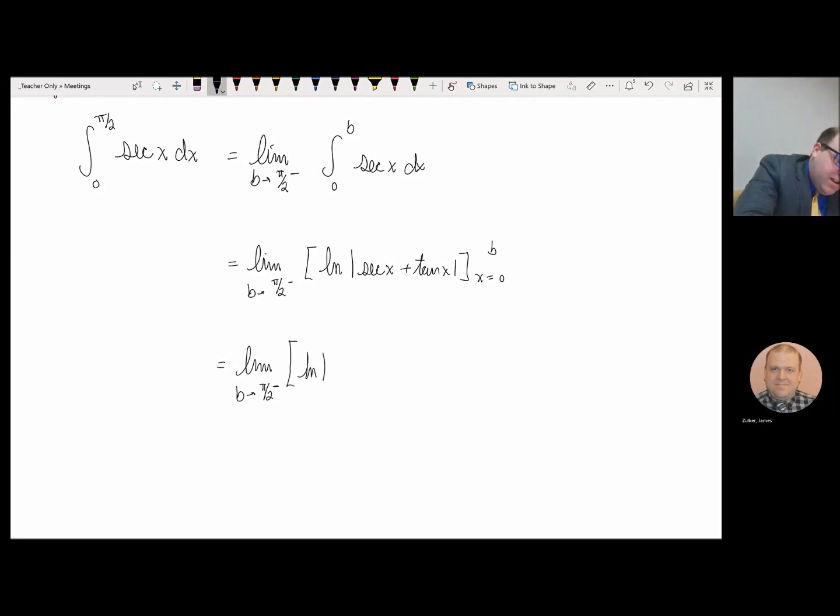We get natural log of secant b plus tangent b, absolute value. We can technically get rid of the absolute values because both secant and tangent are going to be positive. It's natural log secant 0 plus tangent 0.